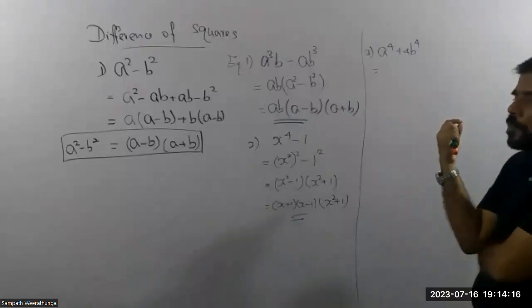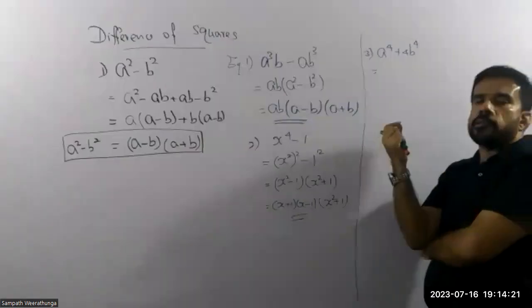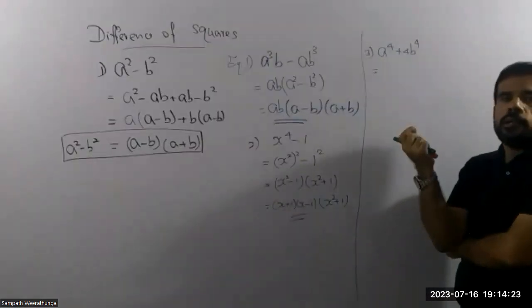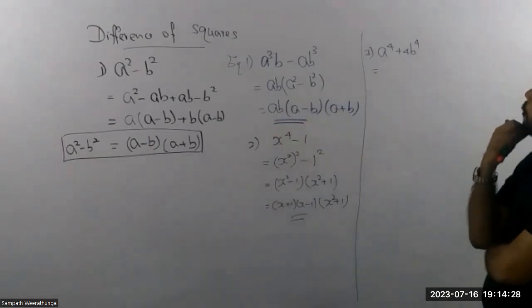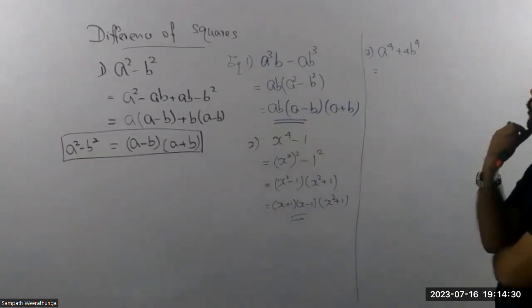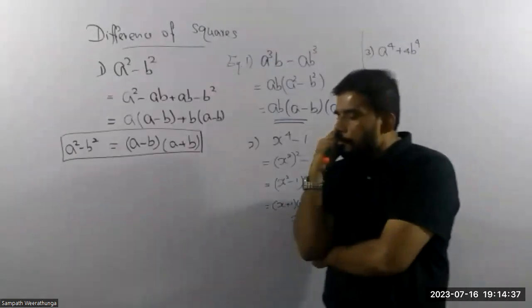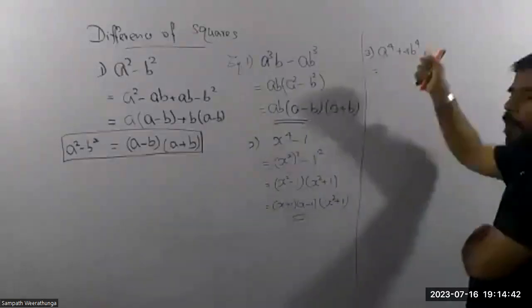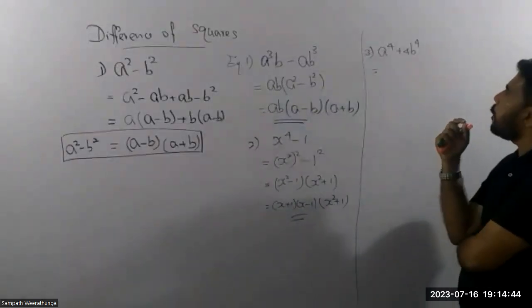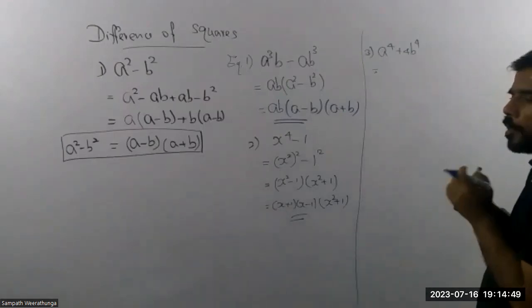Are there any possible ways to segregate this or manipulate this or regenerate this in the form of a difference of squares? For that, what I'll do is think about squaring something which gives me this as part of its solution. I'm not telling you that the squaring will give you the full solution, but part of the solution.